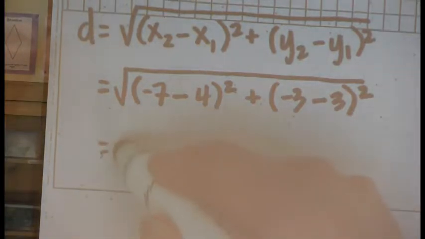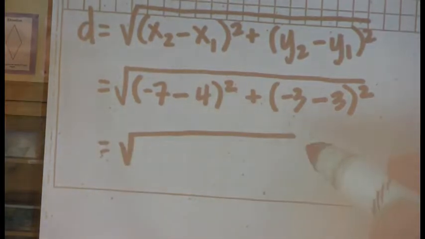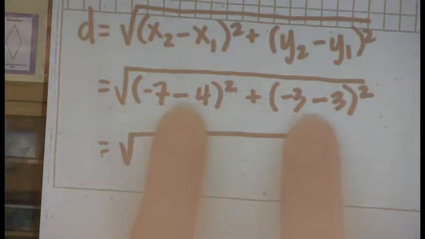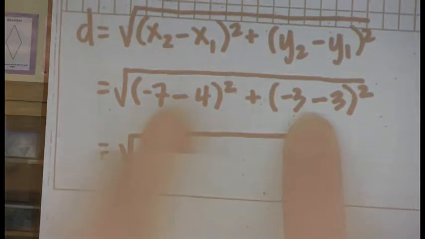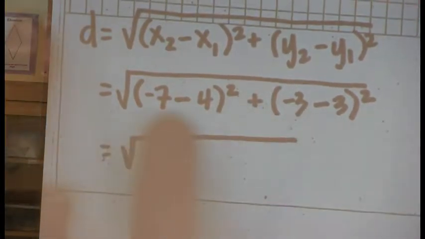Okay? So next step, I'm going to simplify a little bit. I'm just going to figure out what's inside the parentheses, because in math, way back when, you should have learned order of operations, and we always do what's in the parentheses first. So just in parentheses, what is -7 minus 4?